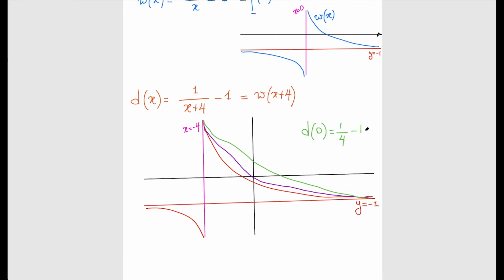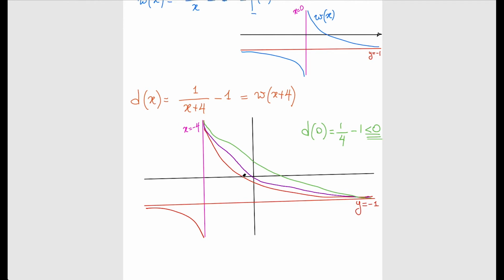And 1 over 4 is smaller than 1, so this difference is negative, right? 1 over 4 minus 1 is a negative entity. So D is going to cross the y-axis from the negative side. So we're talking about this point, not this point, nor that one. It's this point. So at the end of the day, it's the brown thing, not the green nor the purple.